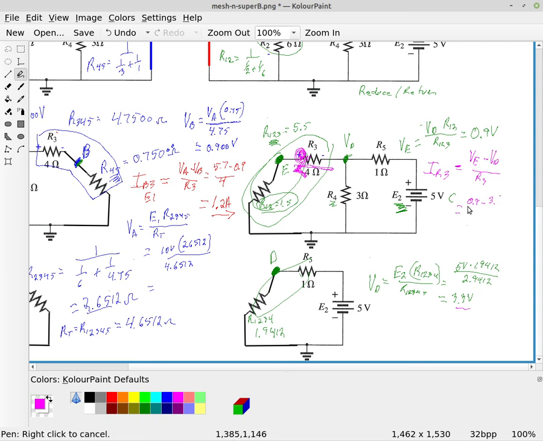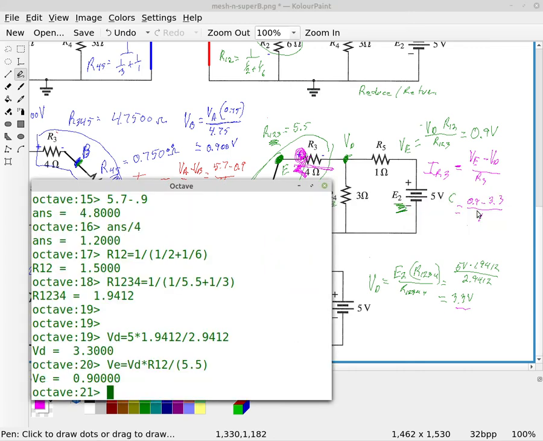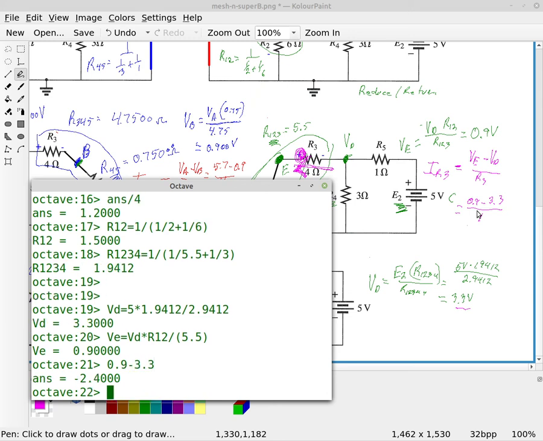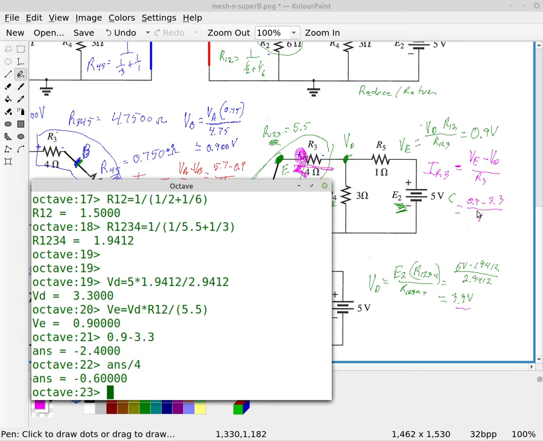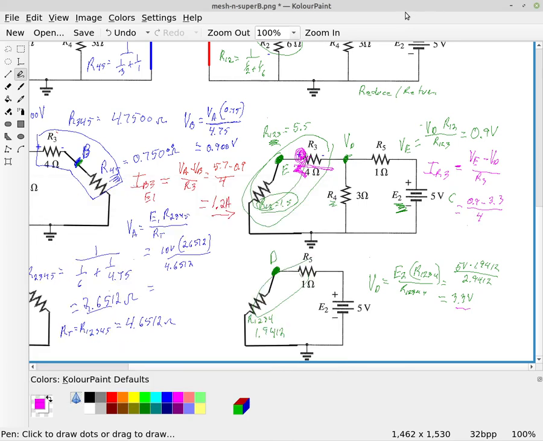So we have 0.9 minus 3.3 divided by the value of R3, which was 4 ohms, which gives us minus 0.6 amperes.